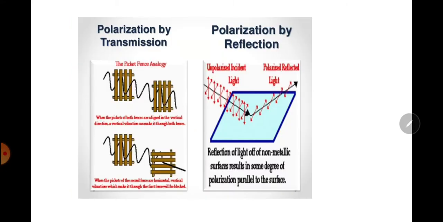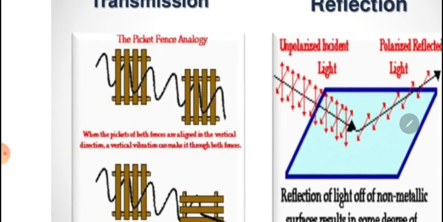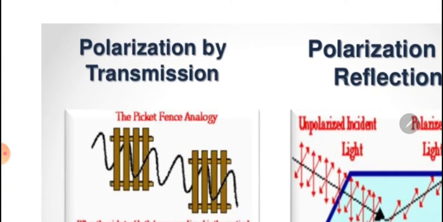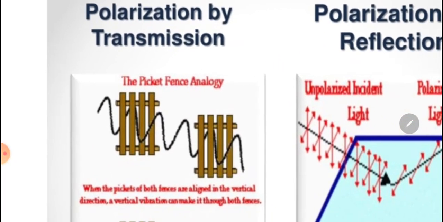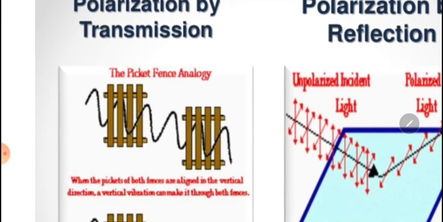Now polarization by transmission and polarization by reflection. You can see in the given diagram, here a polarized light is passing. Polarized light is passing, so it passes undeviated.